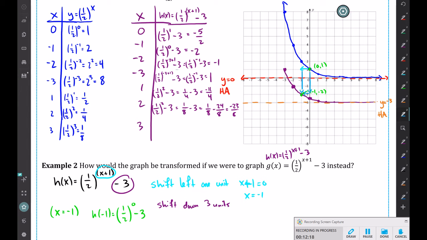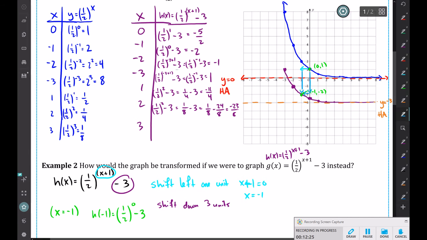I could fill out the rest of the purple graph by looking at all the different points on the blue graph and asking what happens if I shift left 1 and down 3. So that point corresponds to that point, and if I plot this point here, that's negative 3, 8.